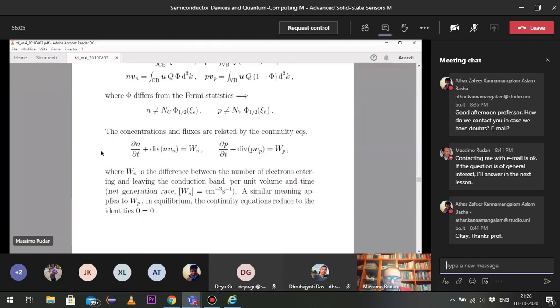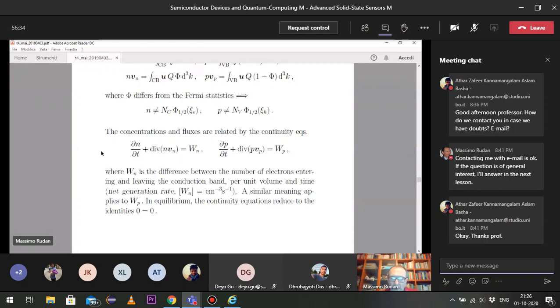But we have four new unknowns that are n and p, the two concentrations, and the two current densities, or the two fluxes, or the two average velocities, as you like. Okay, so these equations are, of course, welcome, but they are not sufficient, because it's two more equations, four unknowns.